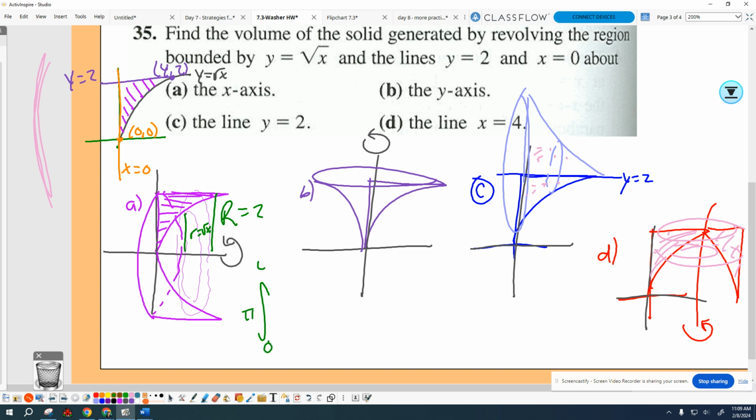Big radius squared minus little radius squared. Do we agree this is the setup for part A? Big radius is 2, little radius is square root of x, and big radius squared minus little radius squared is just drilling a hole out. That's true.